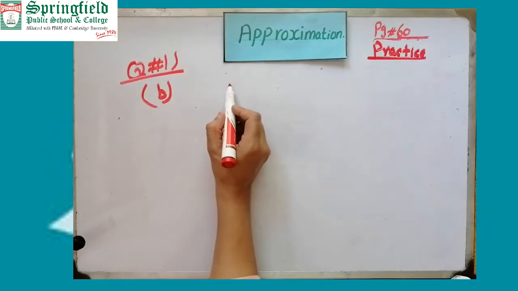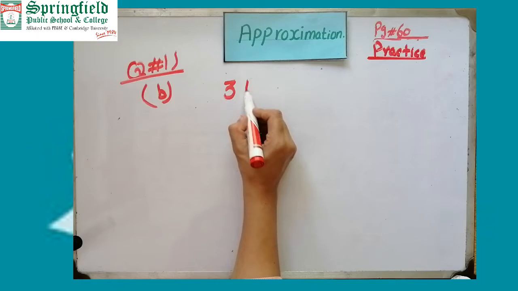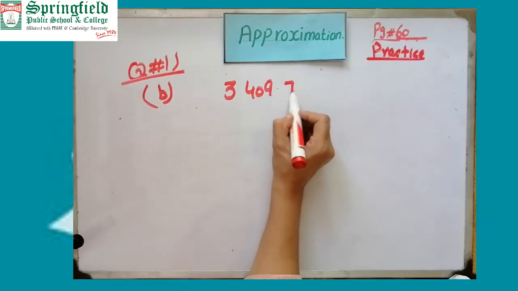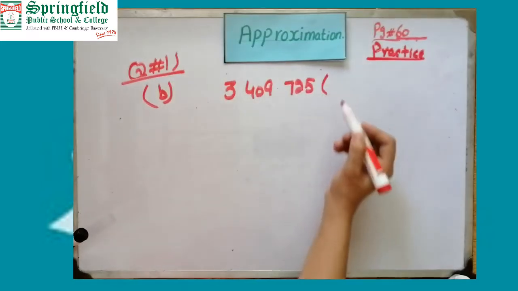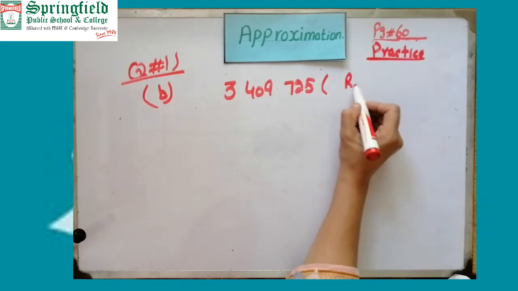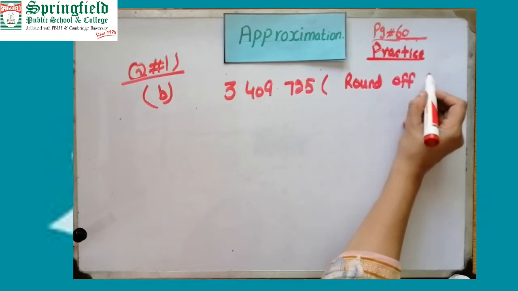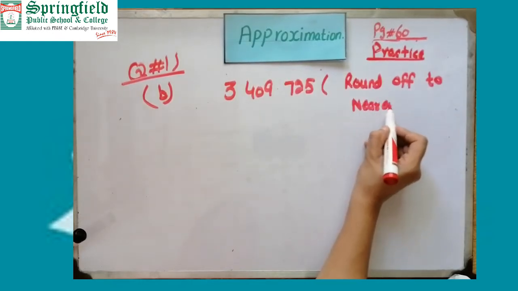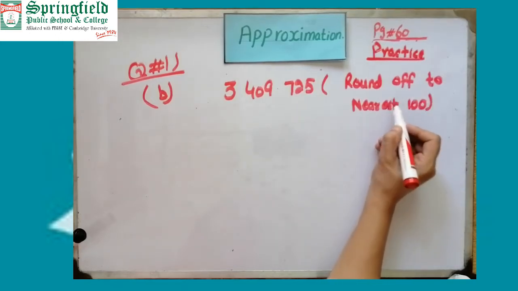The number is 3409725, and they are saying to round off to the nearest 100. So how can we round off this number?